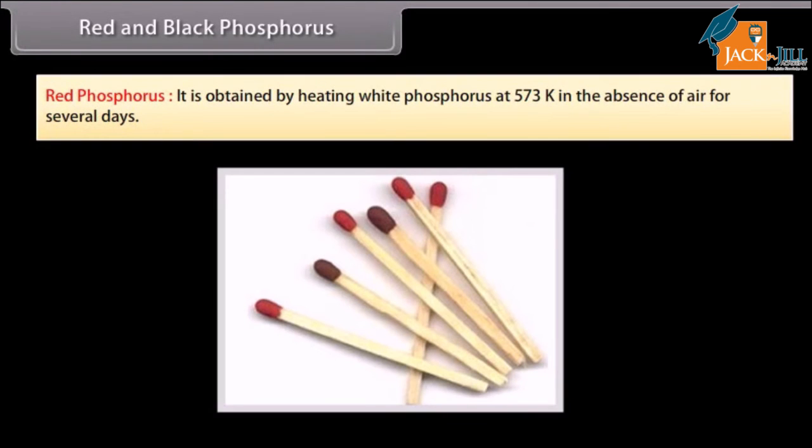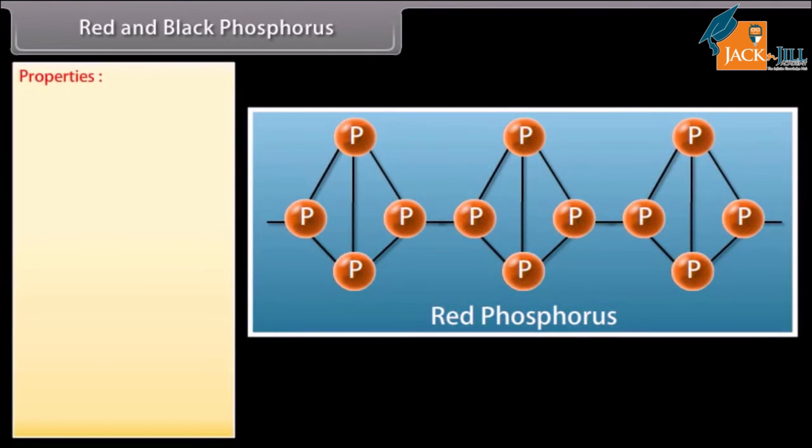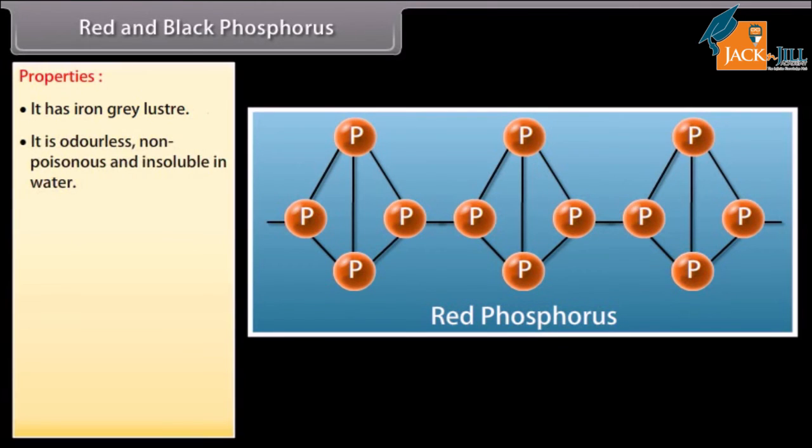Red and black phosphorus. Red phosphorus is obtained by heating white phosphorus at 573 Kelvin in the absence of air for several days. Properties. It has iron-grey luster. It is odorless, non-poisonous and insoluble in water.